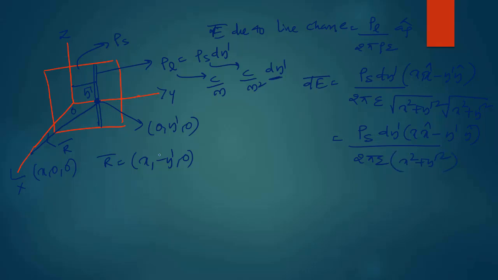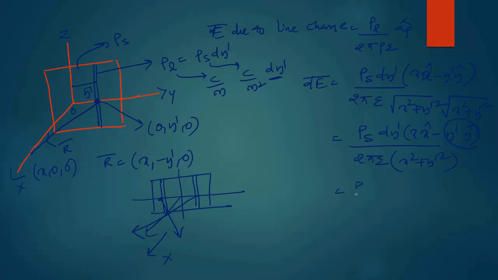Okay, and again the same thing: because of this line on the x-axis, if you get the electric field in this direction, because of another line on this side, you will get the electric field in the other direction. That means the resultant electric field is in the x direction. So there is no need to take the y component.